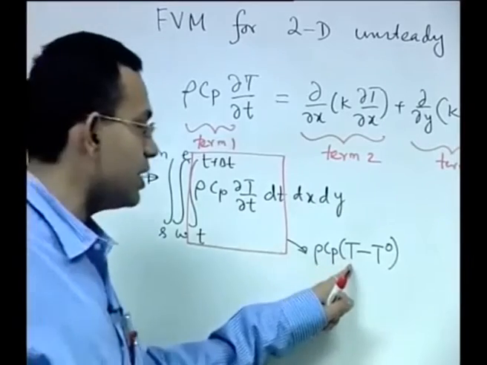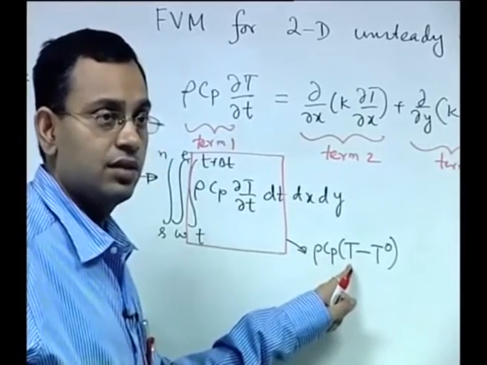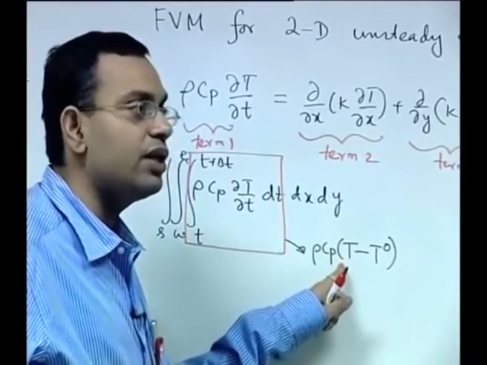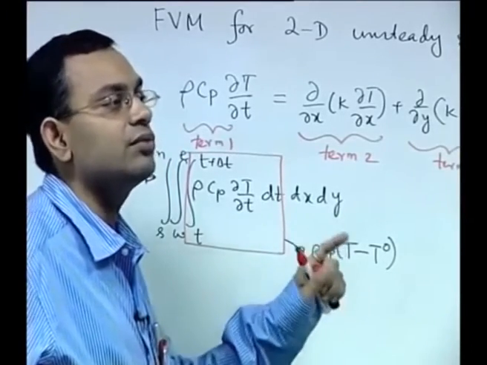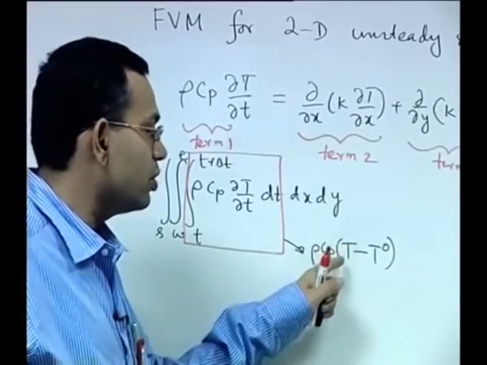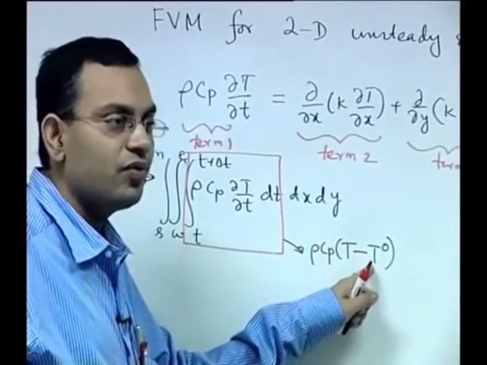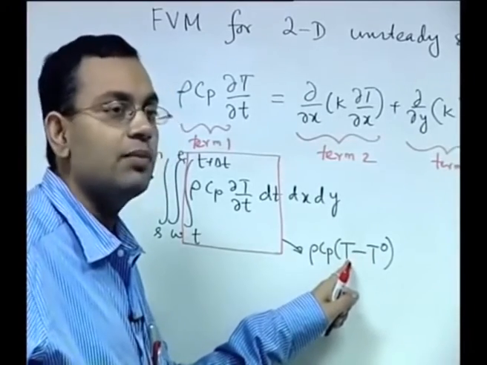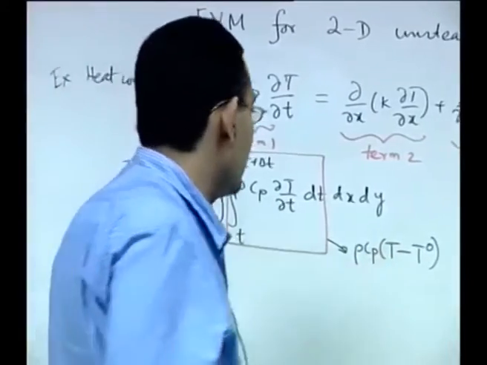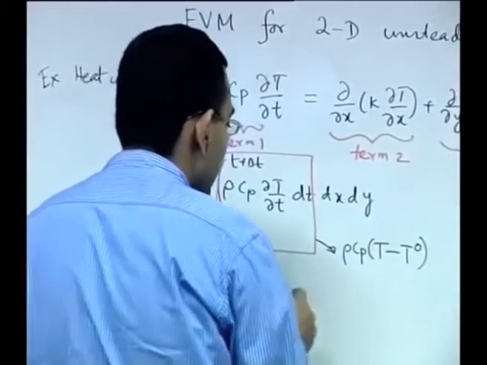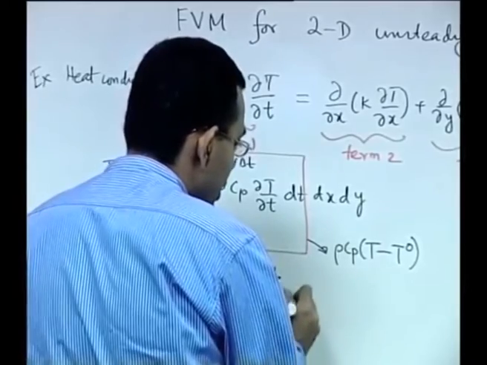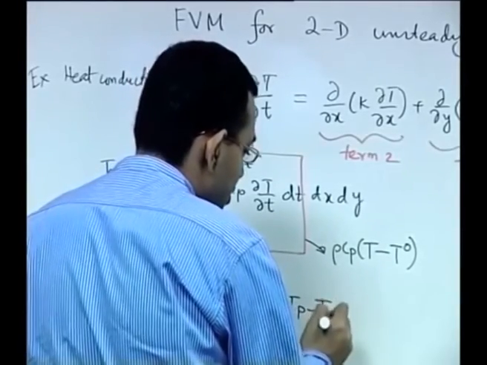When we integrate this with respect to x, what is the profile assumption that we can take for this? We can take piecewise constant, because there is no derivative, we need not take it as something different from a constant. So if it is a piecewise constant temperature profile within each control volume, then this T becomes Tp. So with respect to x, if we integrate, the next step will be rho Cp (Tp minus Tp naught).